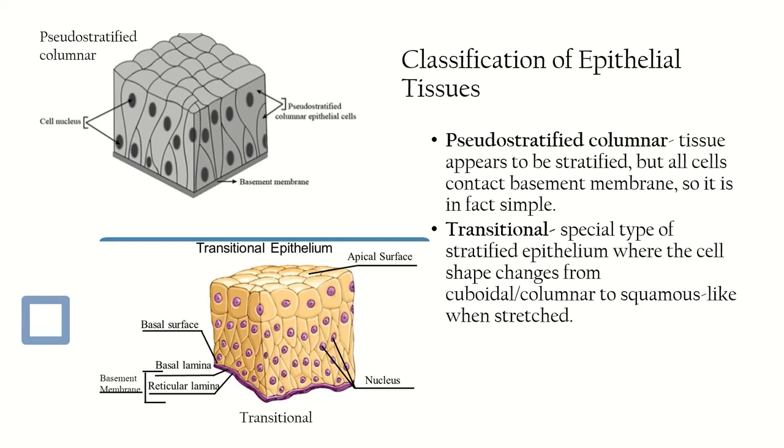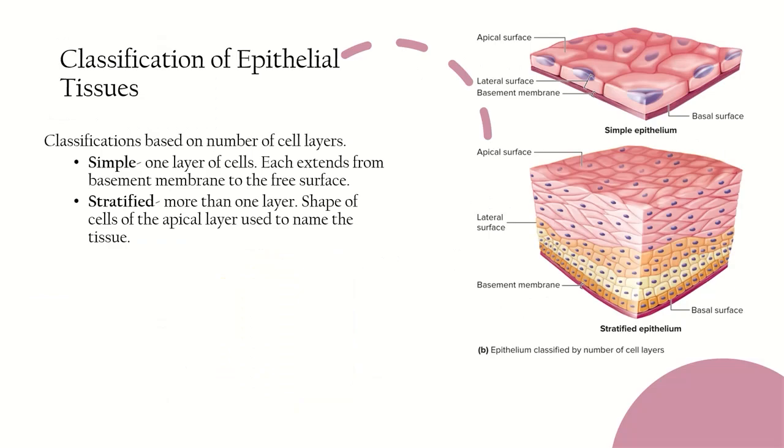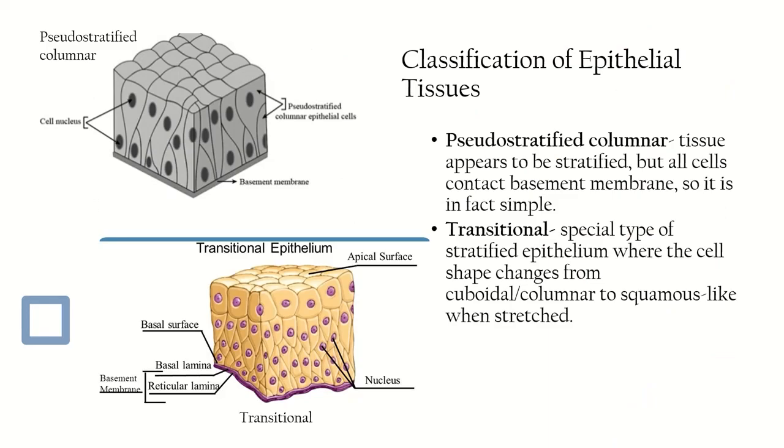Most of the cells will contact the basement membrane, but I should say all of them do in this situation. They look to be stratified, but they're not. Because of that, they're a simple tissue type, versus the other type, which is the stratified. So they're pseudostratified: they're simple, but really look stratified.